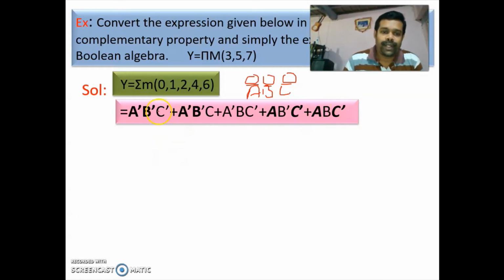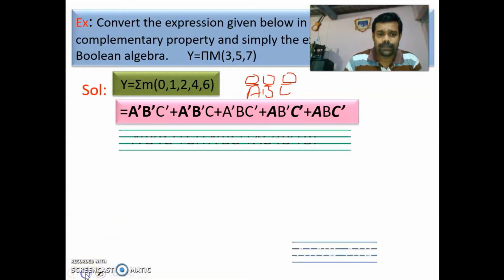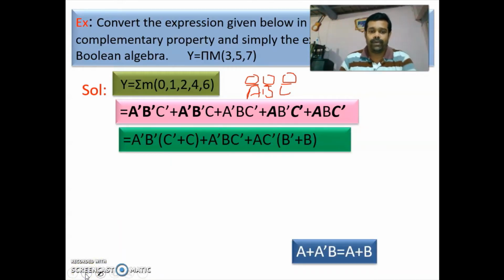So we are going to take A bar, B bar common from the first two terms, and A, C bar common from the last two terms. From the first two terms, taking A bar, B bar common, C bar is left and C is left.